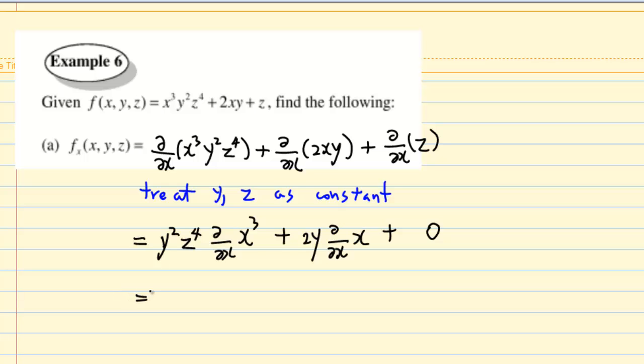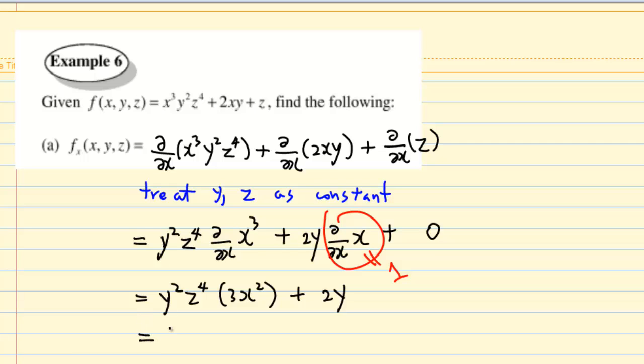Differentiate x cubed with respect to x, you get 3x squared, and differentiate x with respect to x, you get 1. Therefore, the final expression is 3x squared y squared z power 4 plus 2y for the partial differentiation of f with respect to x.